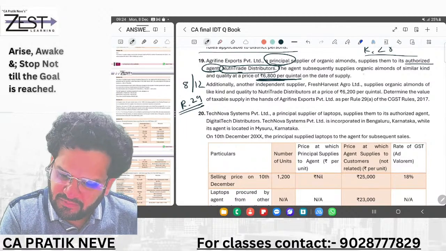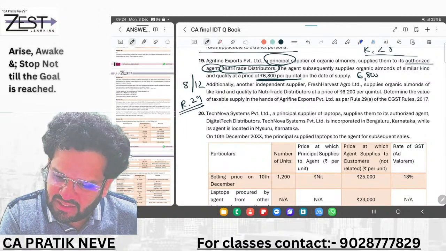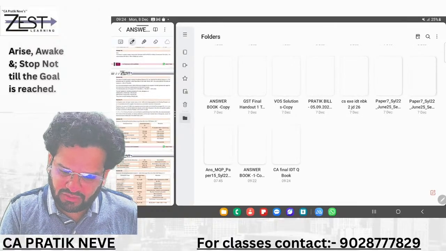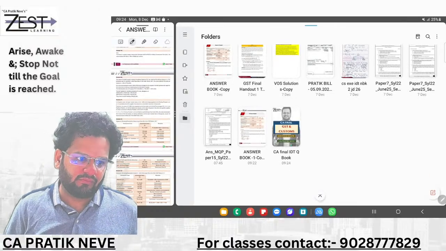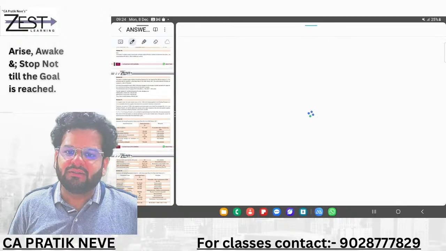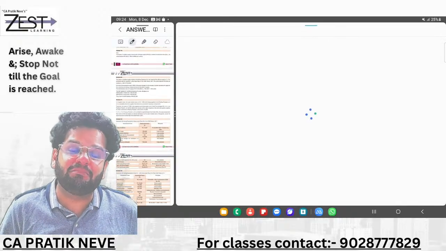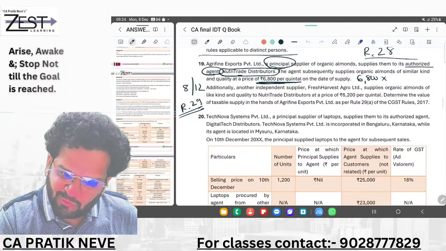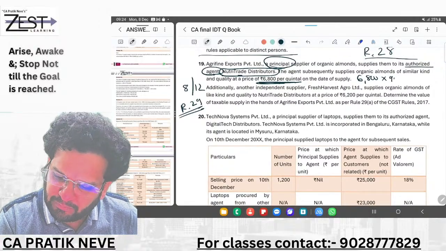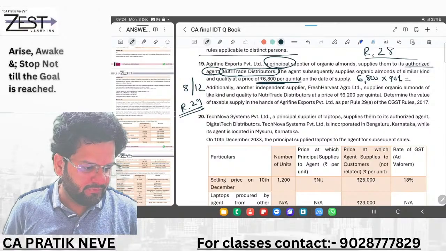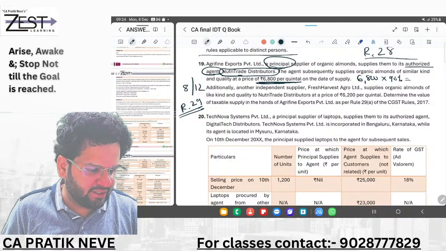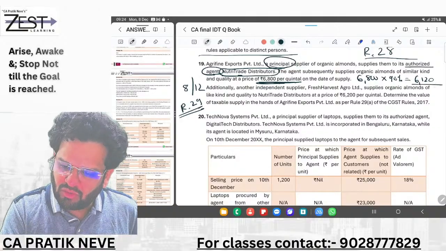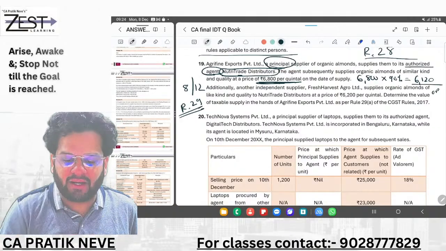So friends, 6,800 into 90% will be the assessable value. This is at his choice he should take. So 6,800 into 90%, 6120, or the open market value.